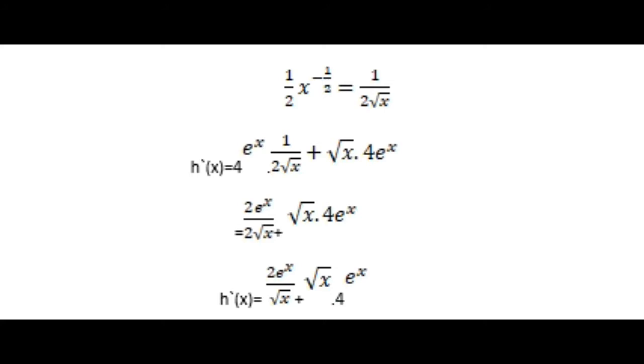So we can cancel 4 and 2 because it is divisible by 2, and 4 becomes 2 and 2 becomes 1, plus square root of x times 4e^x. So the derivative h prime of x is equal to 2e^x over square root of x plus square root of x times 4e^x.